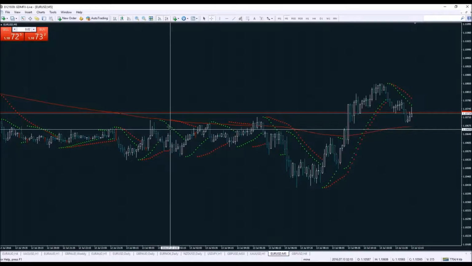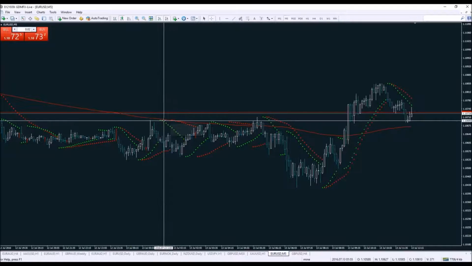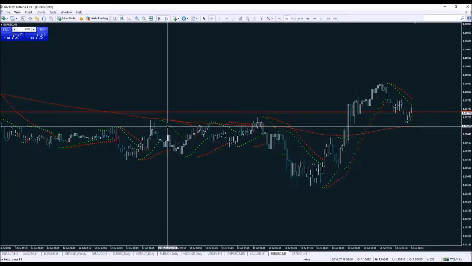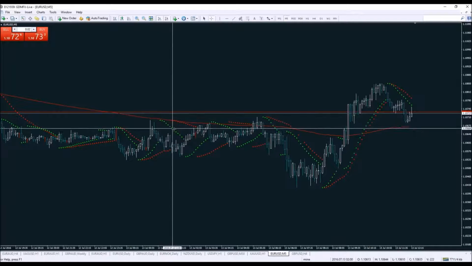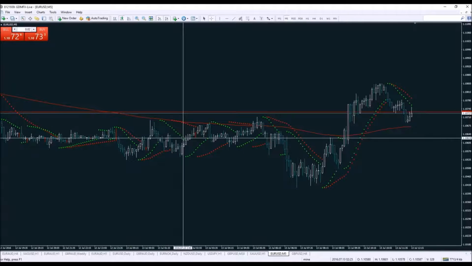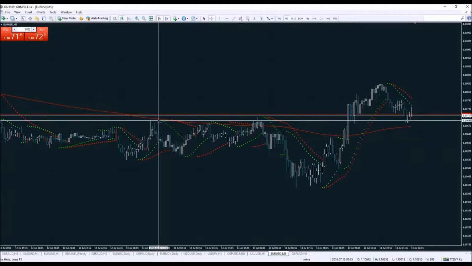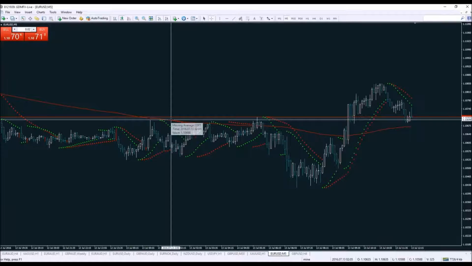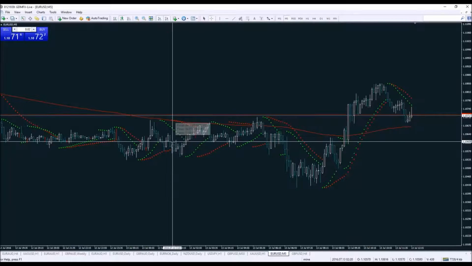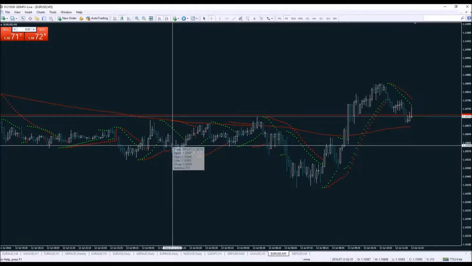But then we're getting to this situation here where the two parabolics are very far away from each other. That means, ladies and gentlemen, that the fast parabolic is pointing us a direction from the beginning of the dots here, but the other one, which is a slower one, starts way over here on the bottom of the whole movement.